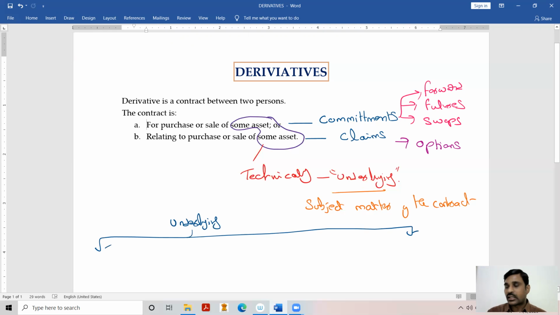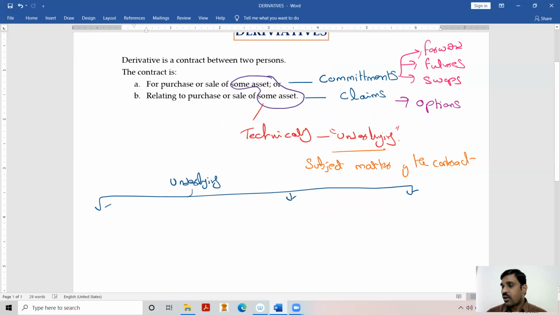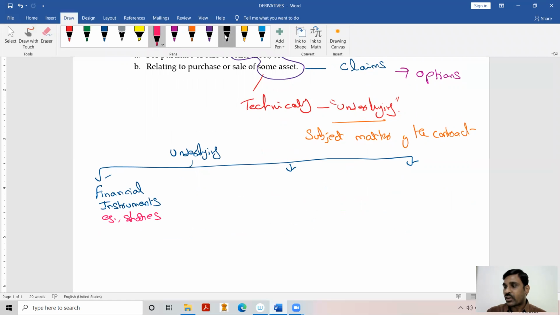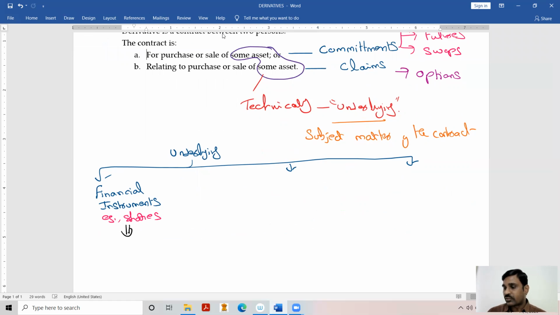Most popular three types. One is financial instruments. The subject matter is financial instruments, for example shares, debentures, bonds, etc. So if the subject matter of the contract is a financial instrument, for example shares, it is called a financial derivative.